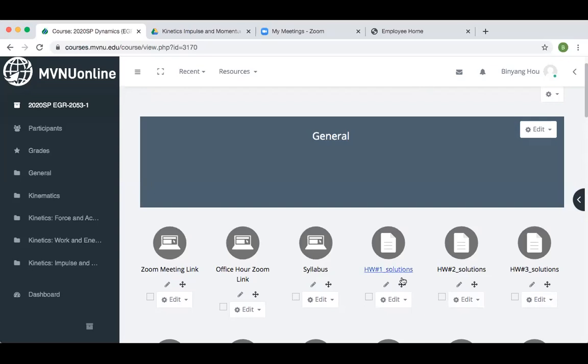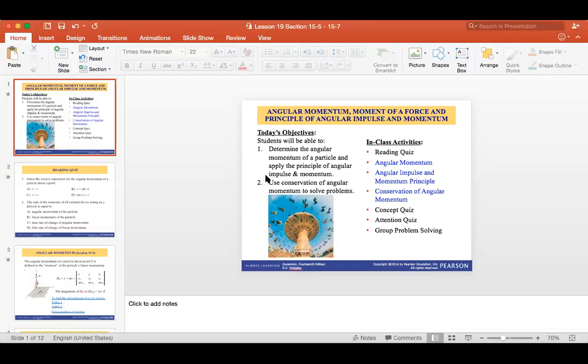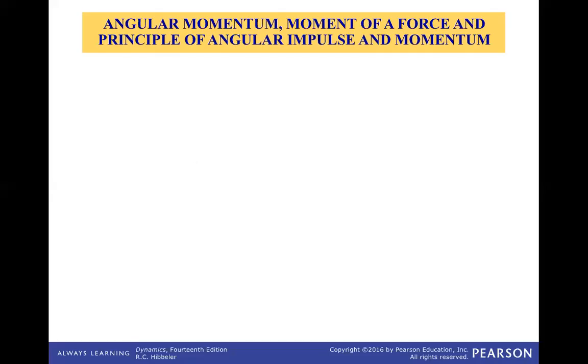Let me switch to the PowerPoint slides of the day. Today we'll be looking at angular momentum, moment of force, or what we call torque, and the principle of angular impulse and momentum.